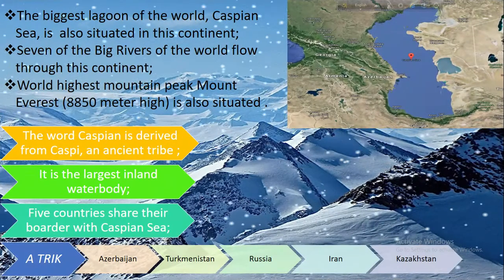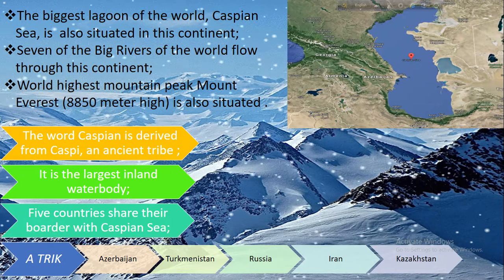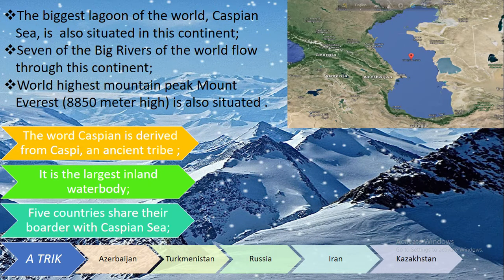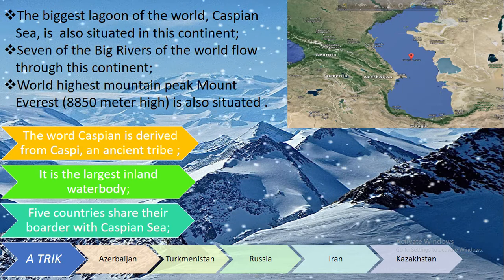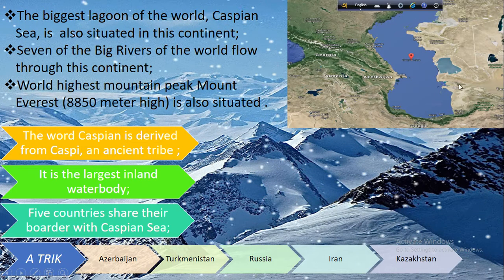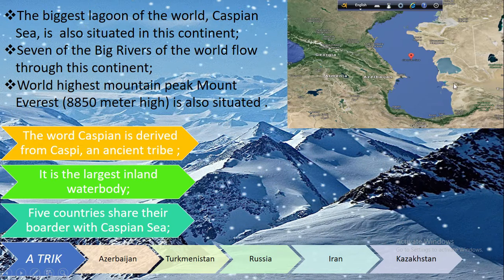And here is also situated the biggest lagoon, that means water body, the biggest lagoon of the world, that is the Caspian Sea, and it is also situated in this continent. Let's know what the Caspian Sea is. Follow here, it is situated in Asia and bordered, surrounded by a boundary line.